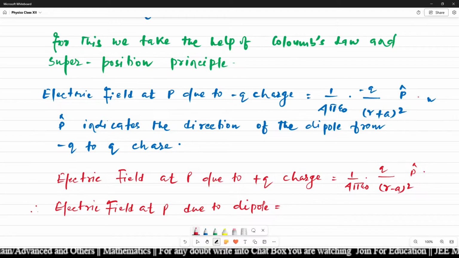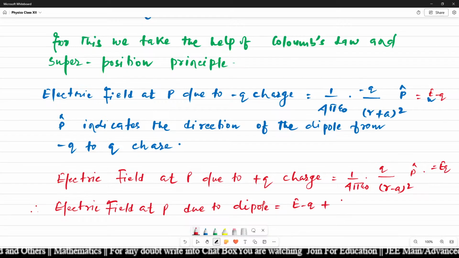Suppose this is E minus Q, and suppose this is E plus Q. So this one will be E minus Q plus E plus Q. Now putting the values of E minus Q and E plus Q.